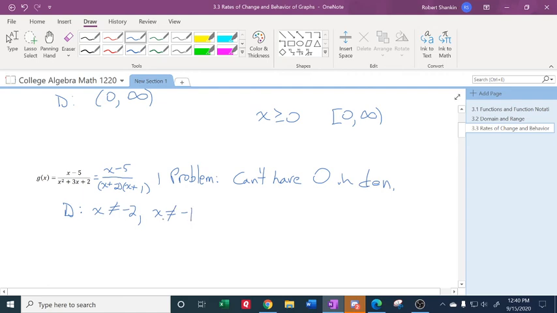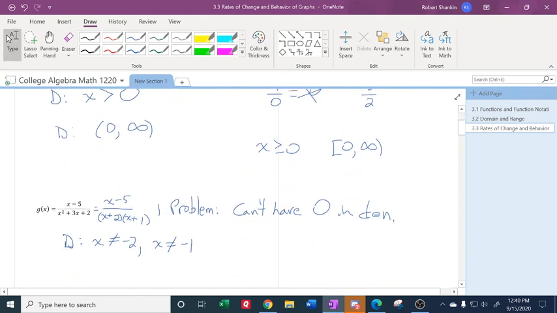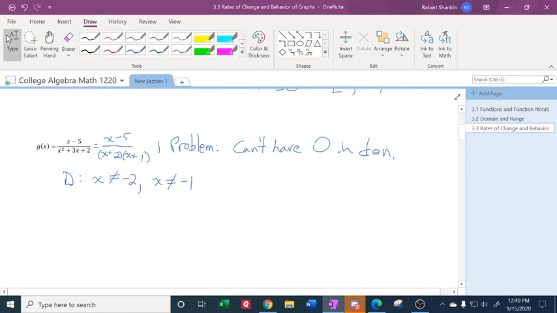So that's the domain stated in a very simple way. But the directions were, state the domain using interval notation. So practicing interval notation, we would write the domain this way. Now on a number line, here's 0, here's negative 1, here's negative 2.